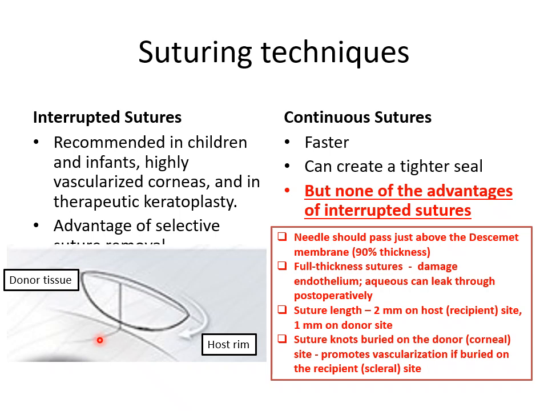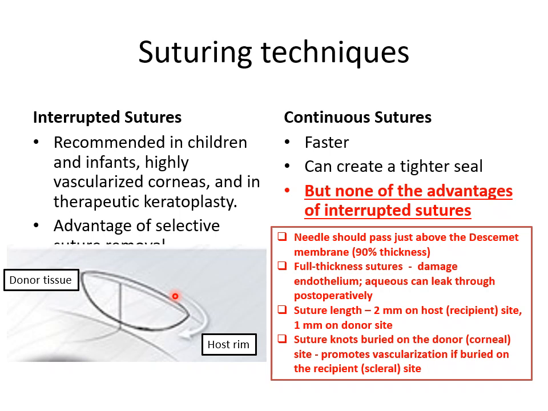Because in that case, we are causing damage to the endothelium and aqueous can leak post-operatively through this tract that we are creating. And also it might serve as a source of infection because the aqueous would be in continuity with the atmosphere.